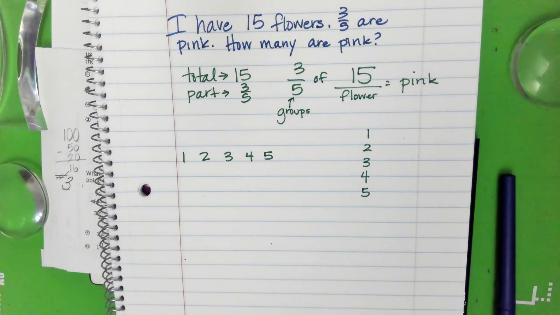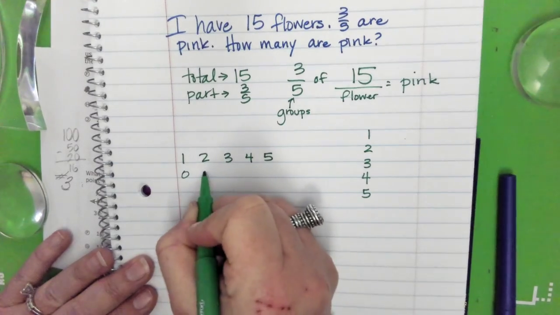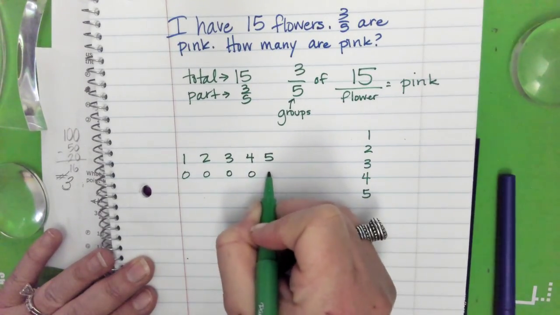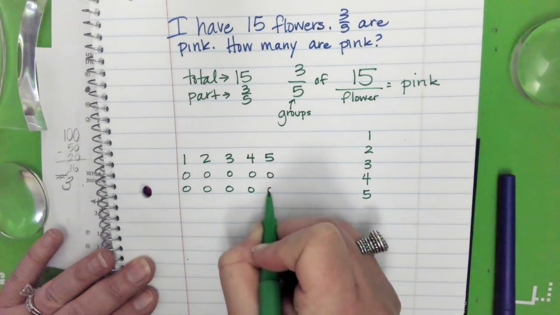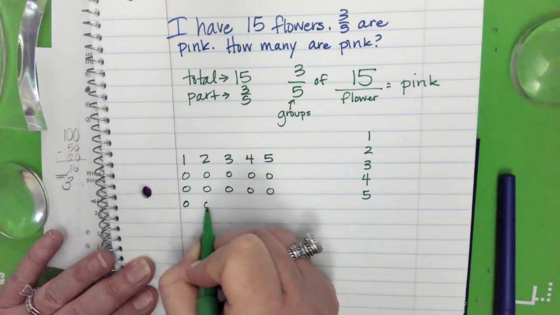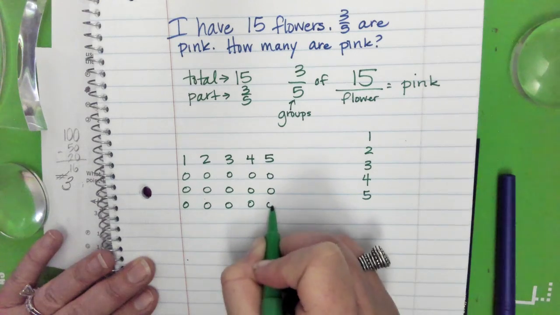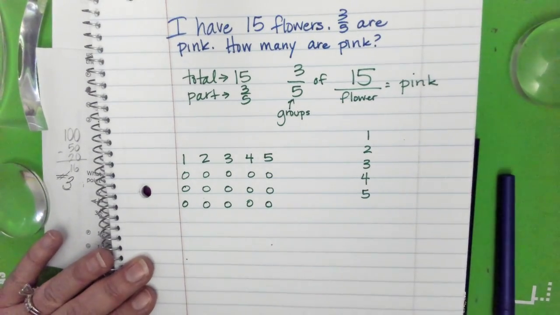And I have to organize how many flowers into 5 groups? 15 flowers into 5 groups, right? So 1, 2, 3, 4, 5, 6, 7, 8, 9, 10 flowers, 11, 12, 13, 14, 15 flowers.